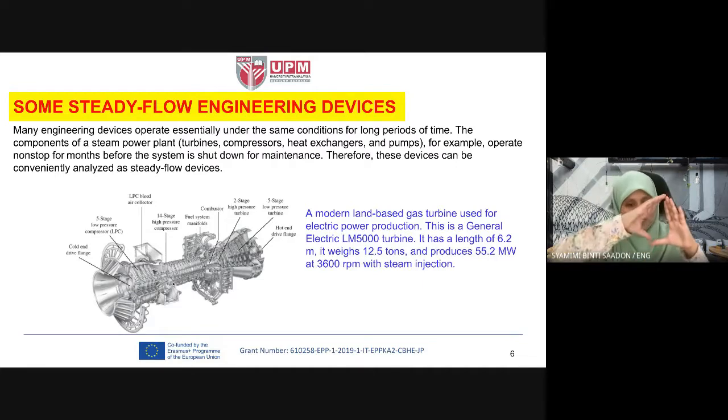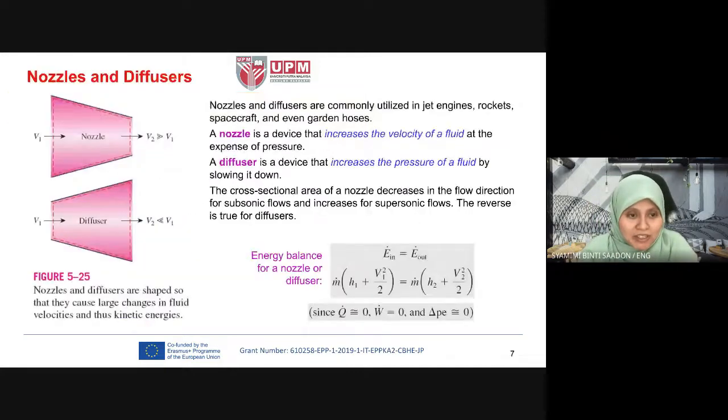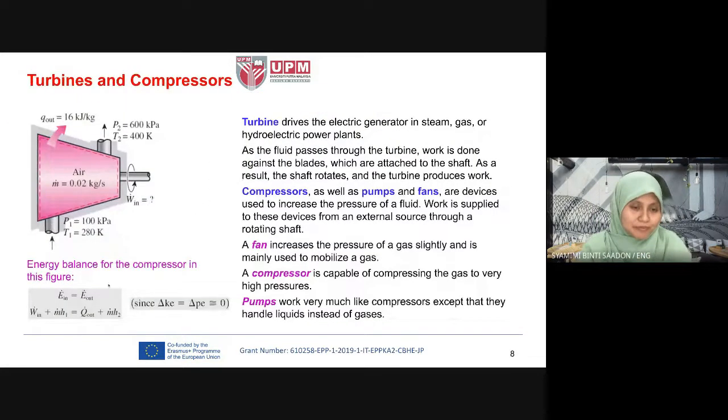So we imagine the compressor with a larger frontal area at the low pressure end, and a smaller area at the high pressure compressor. That's why we draw the schematic diagram like this.